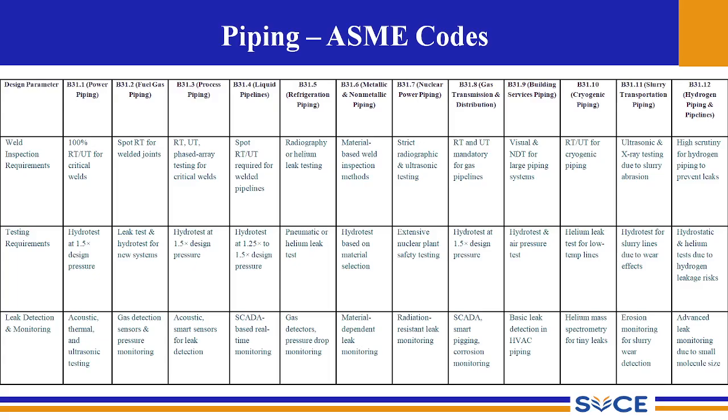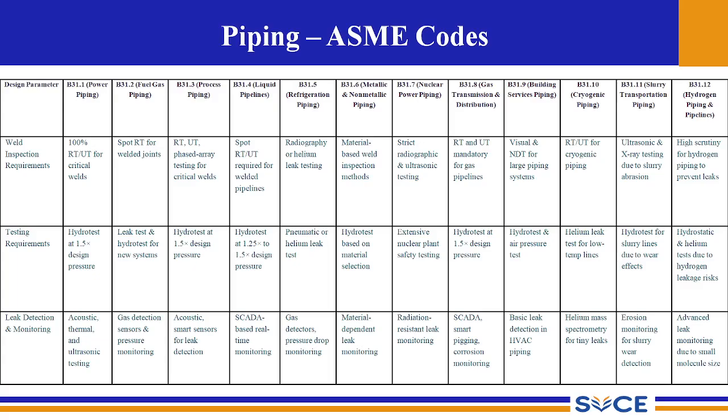Then in the case of liquid pipelines, we go for spot radiography testing and ultrasonic testing. Then the hydro test is applied at 1.25 to 1.5 times the design pressure. The leak detection and monitoring will be done by SCADA, that is supervisory control and data acquisition based real-time monitoring systems.